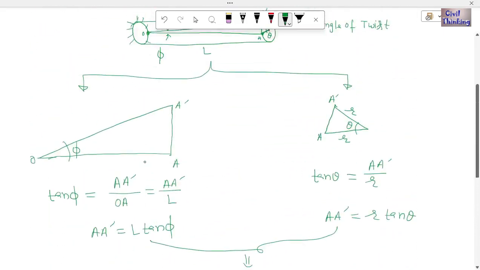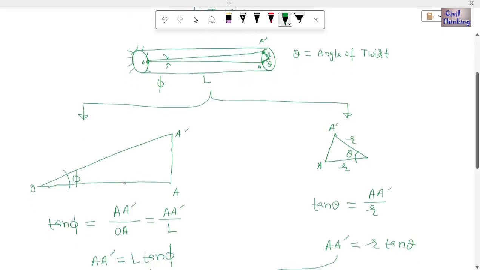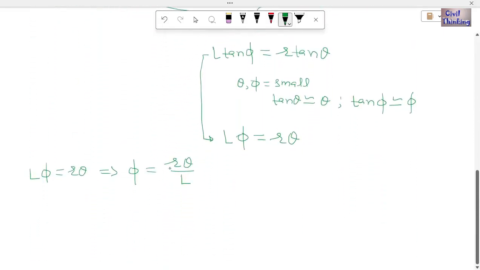Phi is the surface angle, and theta is the cross section angle. We didn't have a relation between phi and theta, but now we have, and phi is equal to r theta divided by L.